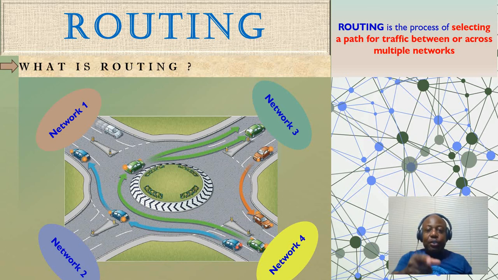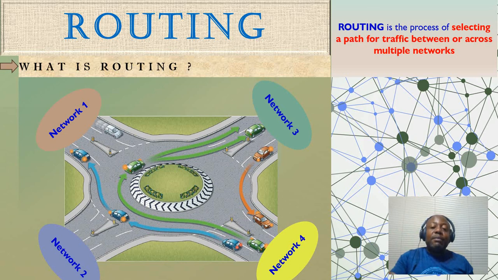For instance, you see on this picture, the blue car that leaves network 4 is going to network 1. And you see there is a path that has been built to go to network 1. But for the green car that leaves the same network, network 4, there is a different path that is going to be used to go to network 3 instead.